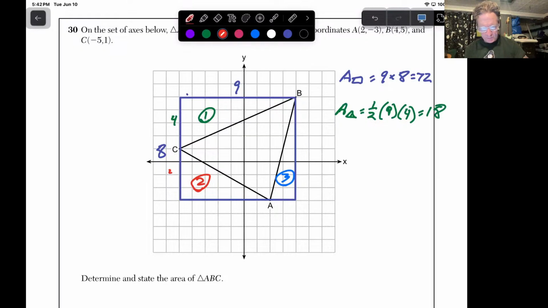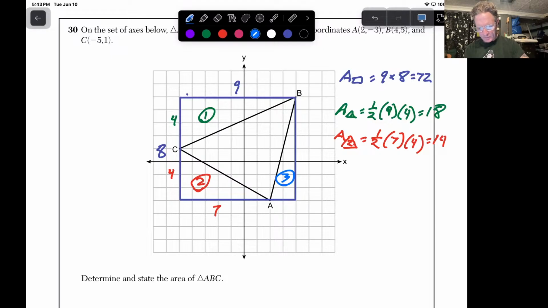Area of triangle 2. This is 4. 1, 2, 3, 4, 5, 6, 7. This is 7. So the area of triangle 2 is 1/2 times 7 times 4, which would be 28 divided by 2, which is 14.